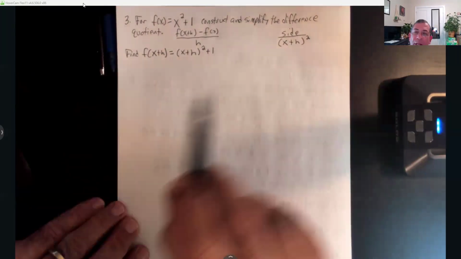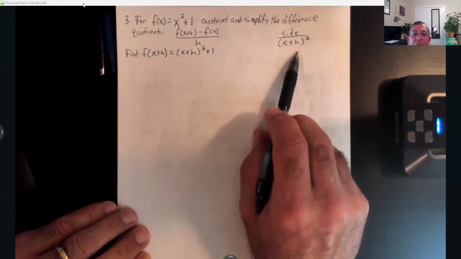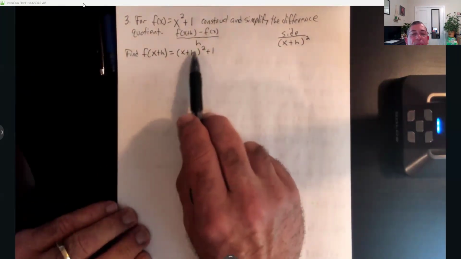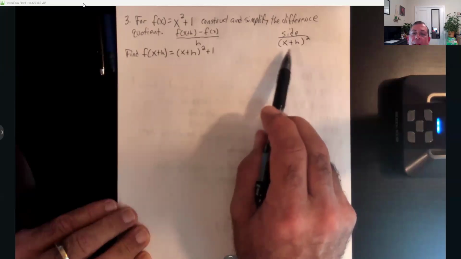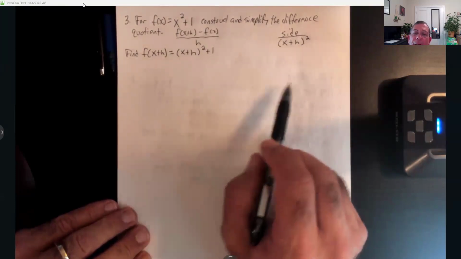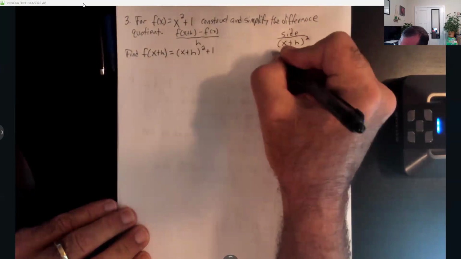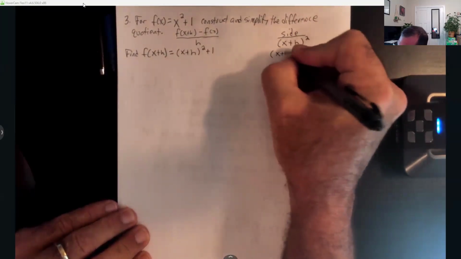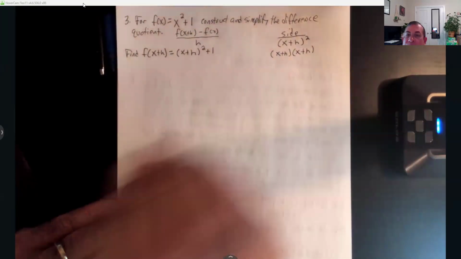Now, what's nice on these, if we figure out what x plus h squared is, anytime we get an x plus h squared, we can always replace it with this, okay? So save this, what we get for x plus h squared, save it because it's always going to be the same, okay? All right, so that'll be x plus h times x plus h.